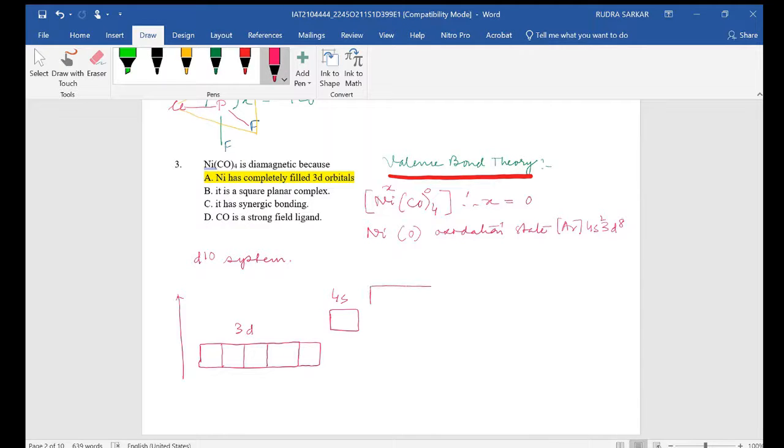That is being followed up by another higher energy level, which we will call 4p, and there are 3 such degenerate p orbitals, and that is my energy. Now basically 10 electrons have to be filled.